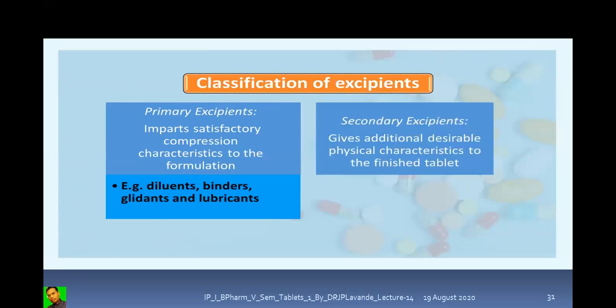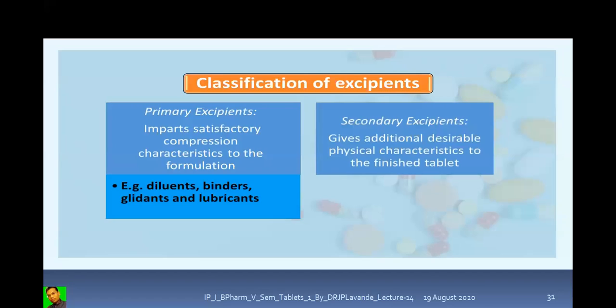Whereas the excipients which give additional desirable physical characteristics to the finished product, for example if they offer a particular taste, a particular color, or polish, are said to be the secondary excipients.